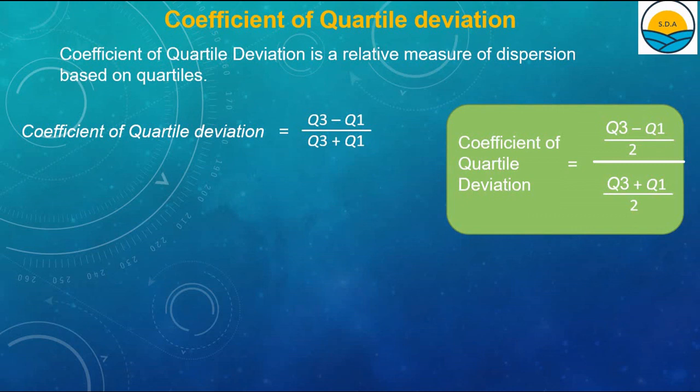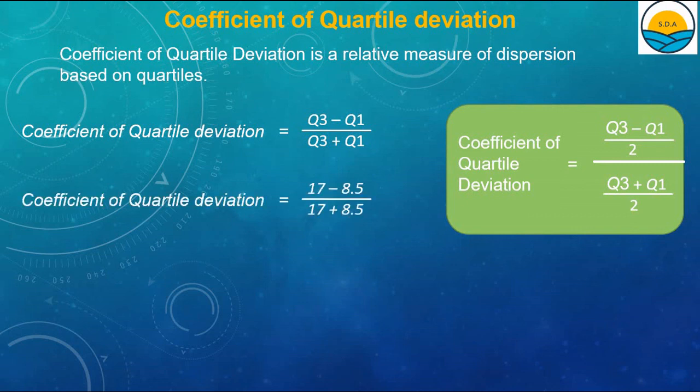But when we simplify this formula, the two denominators cancel each other and we arrive at a simple formula of Q3 minus Q1 upon Q3 plus Q1.